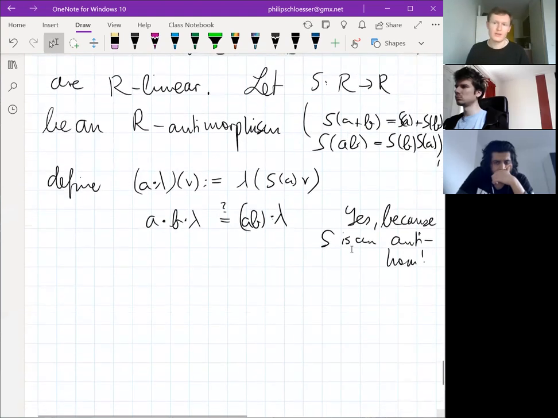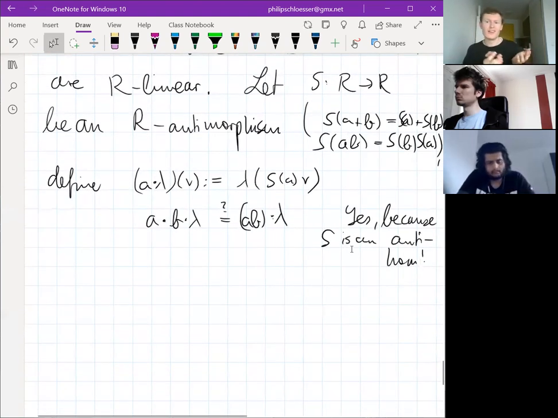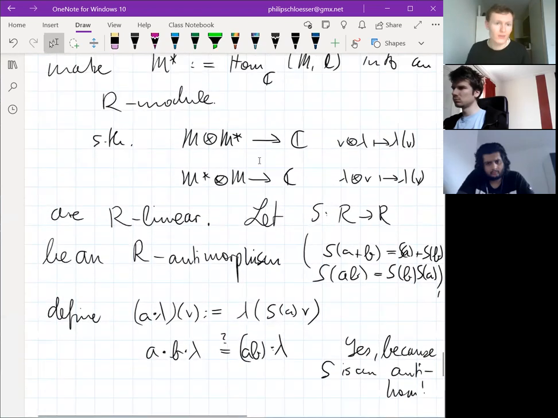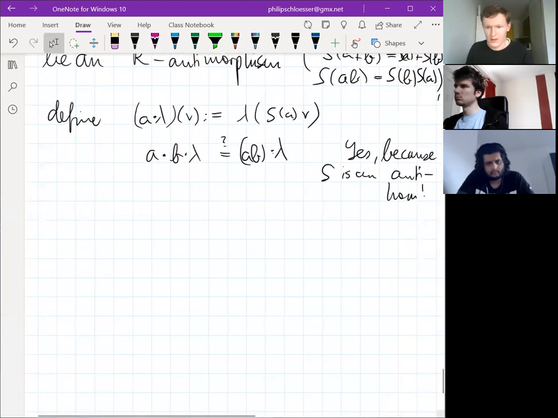And now we just need to derive conditions for our S using the conditions that these two maps here be linear. And well, we can plug stuff in.